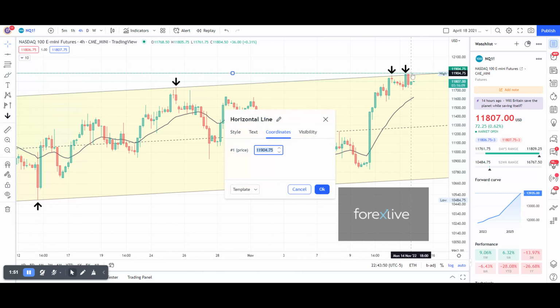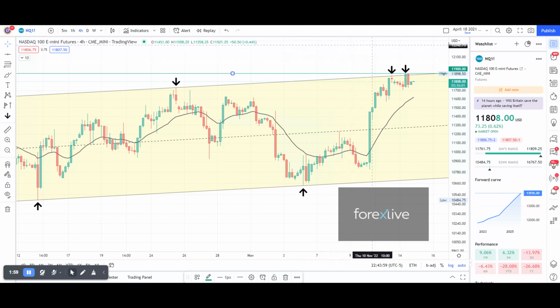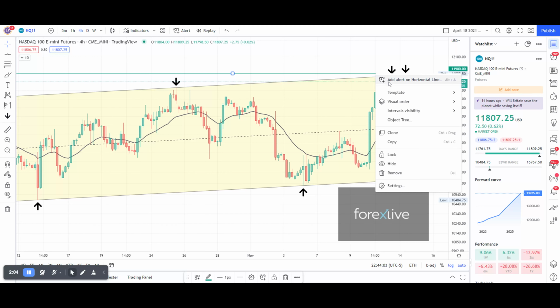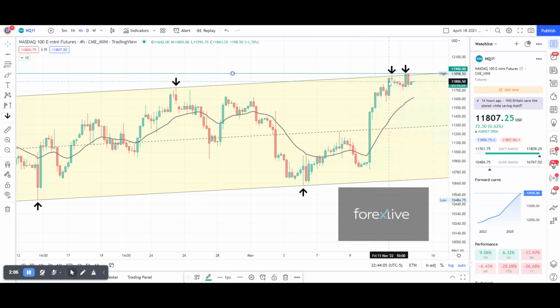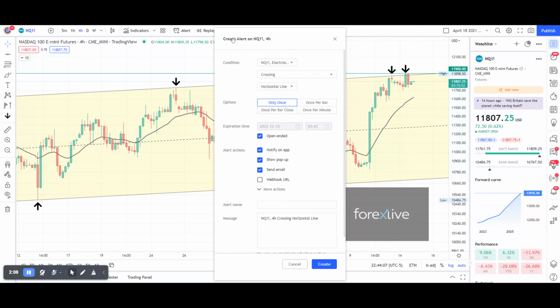So let me just put a line here for the 11,900. At your discretion, that is something to look at. If you're using TradingView or another platform where you can add alerts, you can create an alert on the NQ 4-hour. We want to put it on once per bar close.